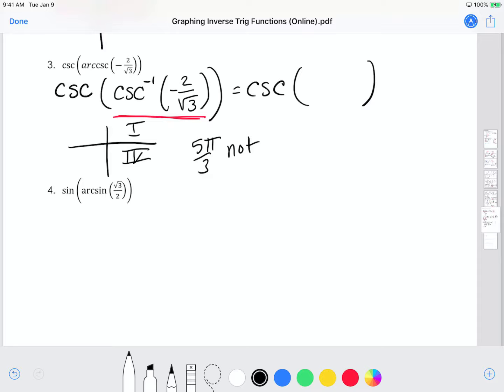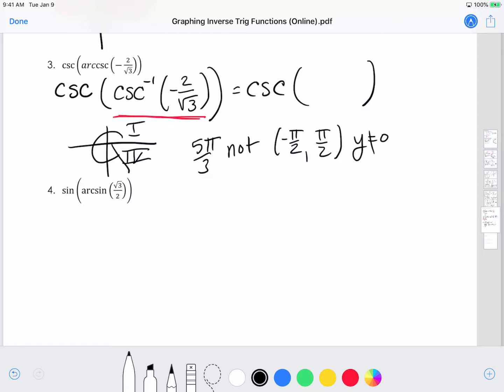Remember, for inverse cosecant, the range has got to be from minus pi over 2 to pi over 2, except for 0, of course, because that's where we have an asymptote. So we've got to find the angle that's between minus pi over 2 and pi over 2. 5 pi over 3 opens this way because it's positive.